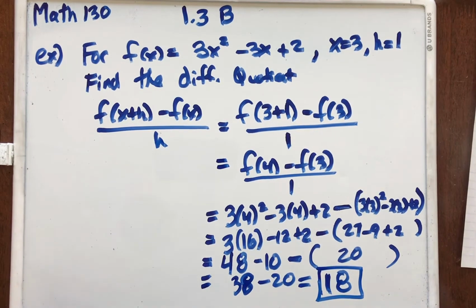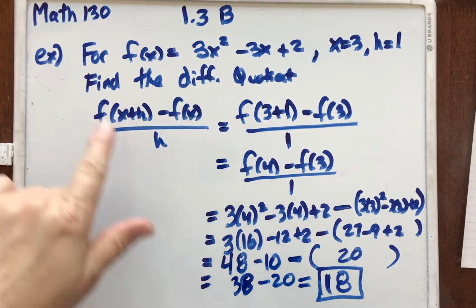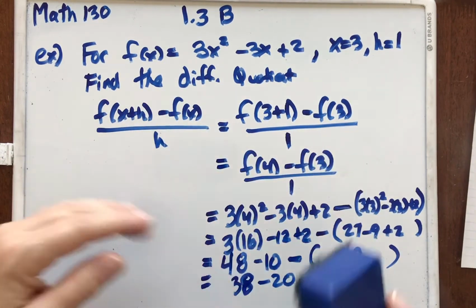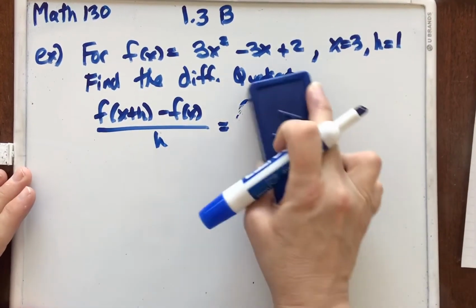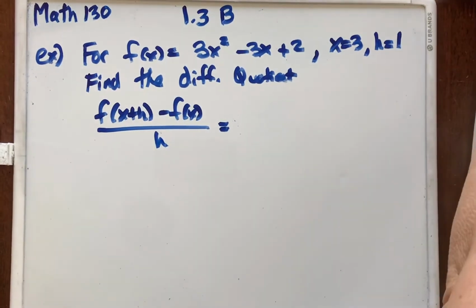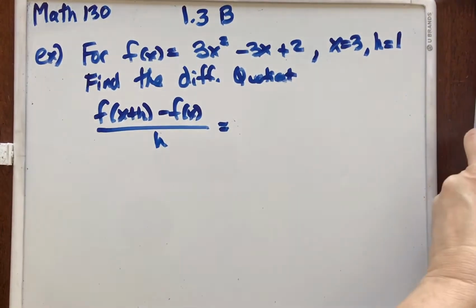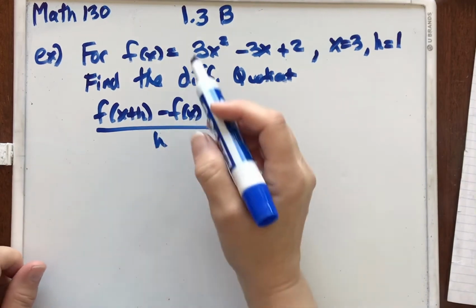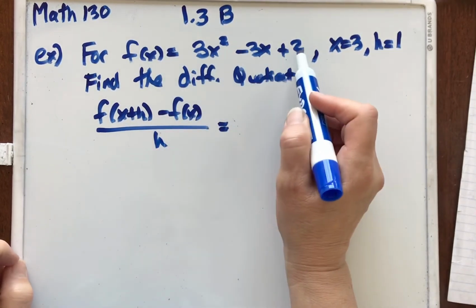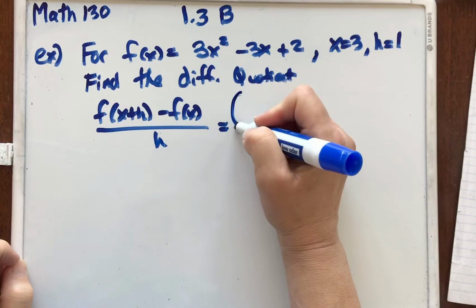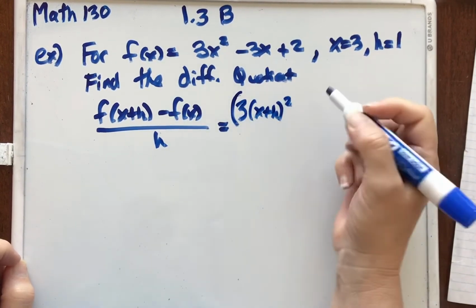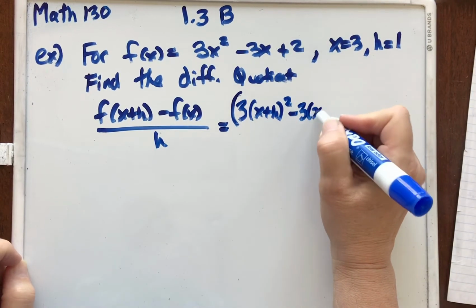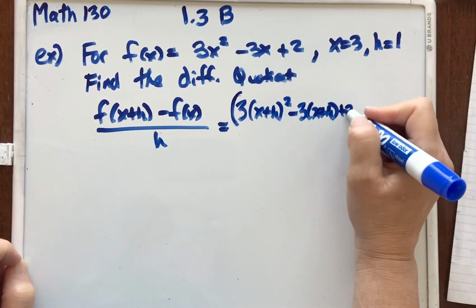Okay, so now let's do it the other way, because they're going to want you to find the general difference quotient, not where you're evaluating until the very end. So we're going to put x plus h into this input and all through here. We're going to put 3 times x plus h squared minus 3 times x plus h plus 2.